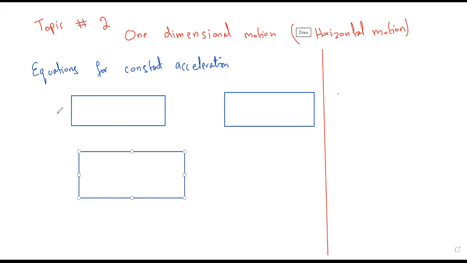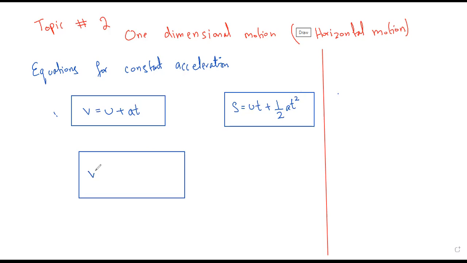I'll write down some of them first. V equals U plus AT. Then we have S equals UT plus half AT square.